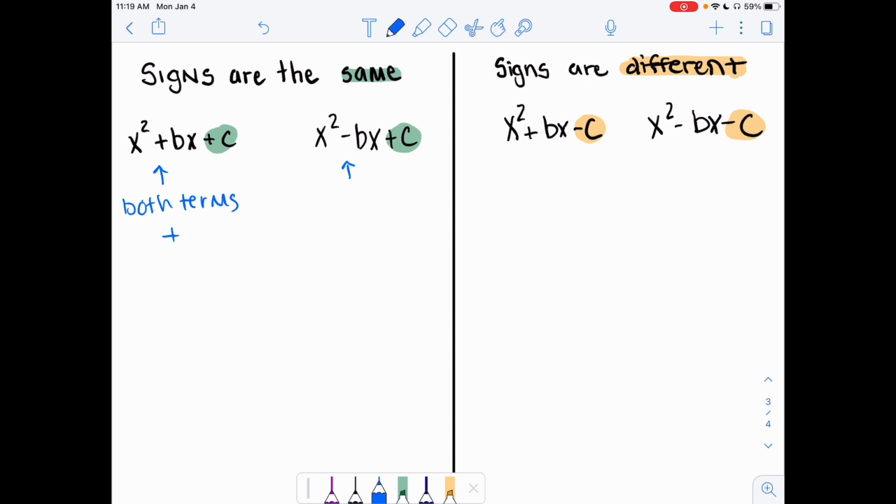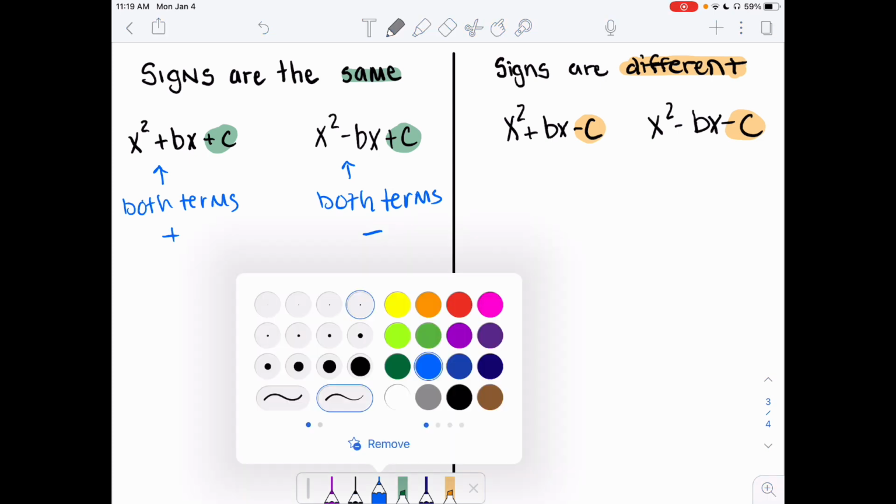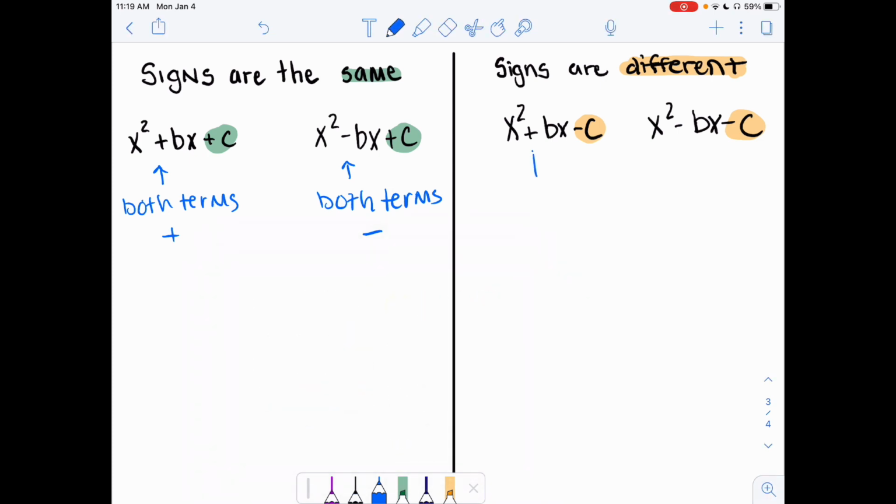If your B is negative, you'll see both terms are negative. When our C value is negative, our signs are different, and we know the larger term is positive if B is positive. So larger number, positive. And on the opposite side, if we see a negative B, then our larger number is negative.